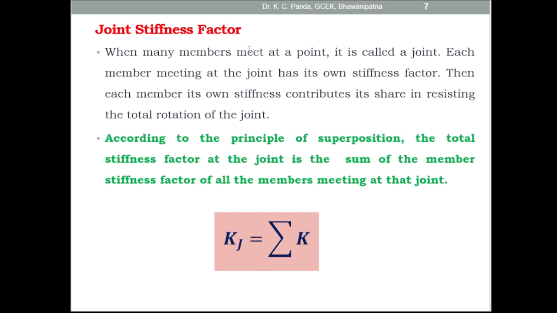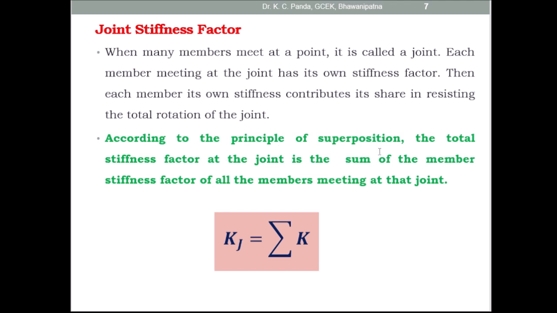Then what is joint stiffness factor? When many members meet at a point, it is called a joint. Each member meeting at the joint has its own stiffness factor. Each member contributes its own stiffness, its share in resisting the total rotation of the joint.